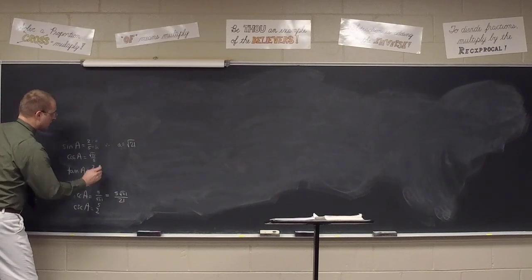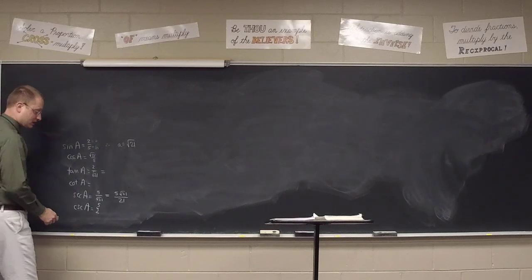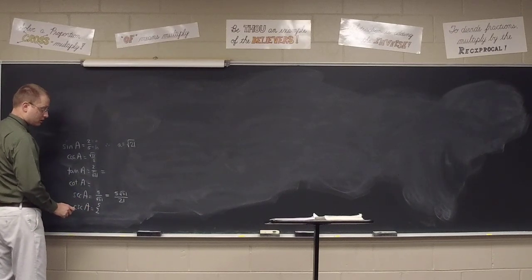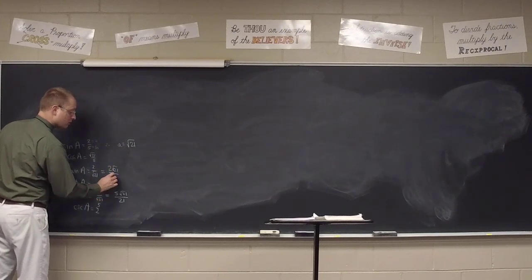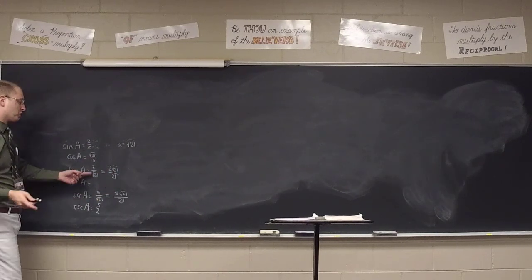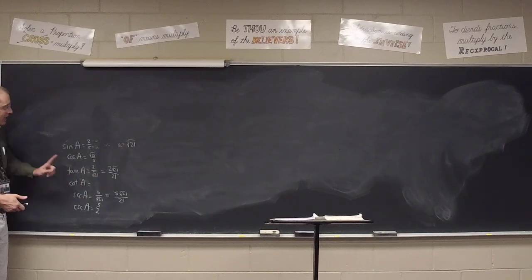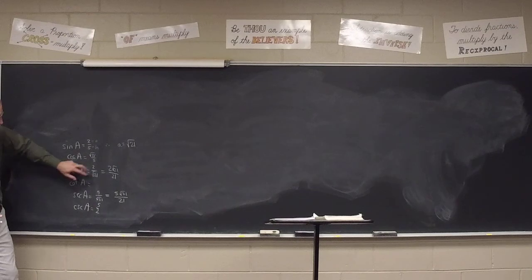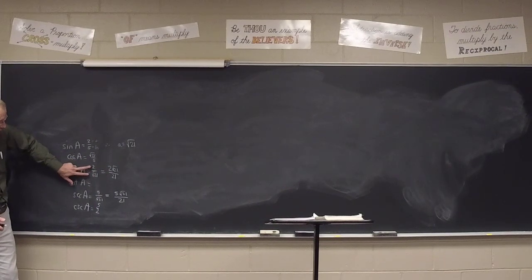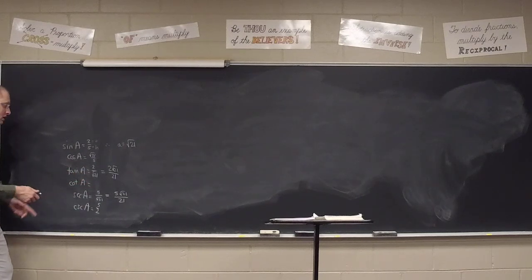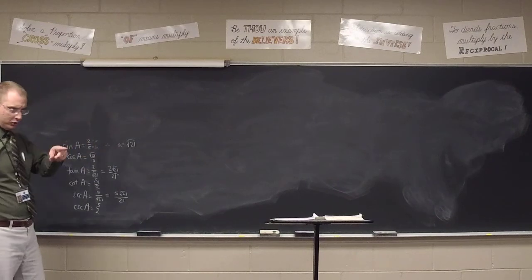Should be 2 over square root of 21, which would rationalize to give us 2 times square root of 21 over 21. Right? Because when you multiply this by square root of 21, it gives you the square root of 21 squared, which is just 21. And then remember, we said when we take a reciprocal, don't use the rationalized form to flip it. That's a mess. Use the unrationalized form and flip that to get the cotangent, square root of 21 over 2.